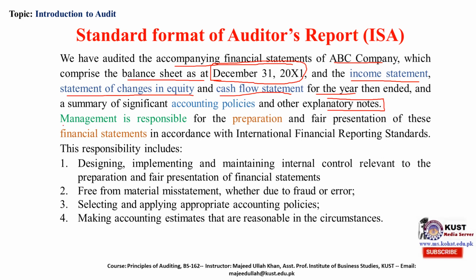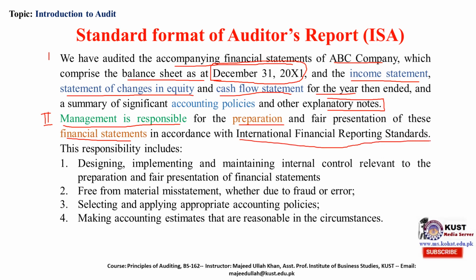This is the first portion, and this is the second portion of the audit report. It expresses who is responsible for the preparation of the financial statements. Management is responsible for the preparation and fair presentation of these financial statements in accordance with the International Financial Reporting Standards.